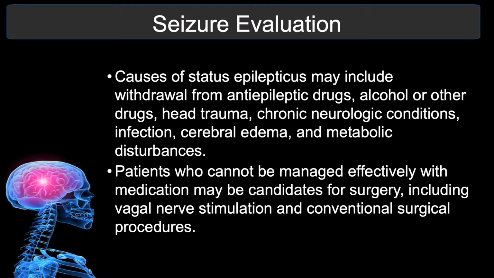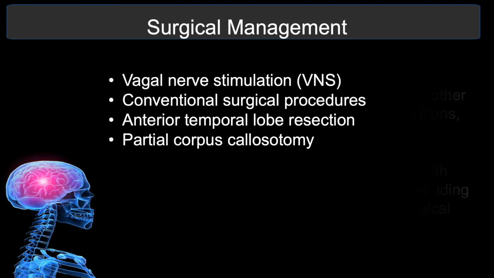Patients who cannot be managed effectively with medication may be candidates for surgery, including vagal nerve stimulation and conventional surgical procedures, including anterior temporal lobe resection and a partial corpus callosotomy.